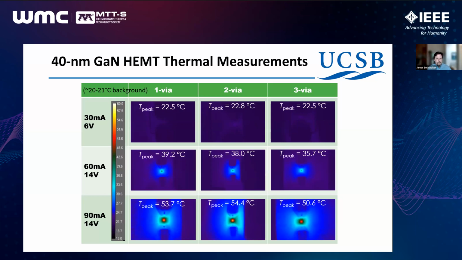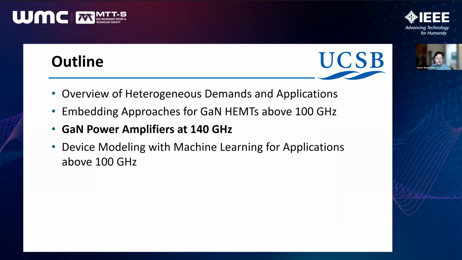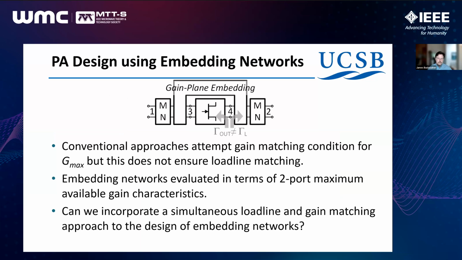So there's some indication that using inductive source degeneration is useful from the measurement standpoint, but let's go generally now to a power amplifier, and consider how we might use these embedding networks and what this might say about circuit design. We generally want to use embedding networks as part of a matching approach, where we don't just want to get gain matching to boost Gmax, as I showed earlier.